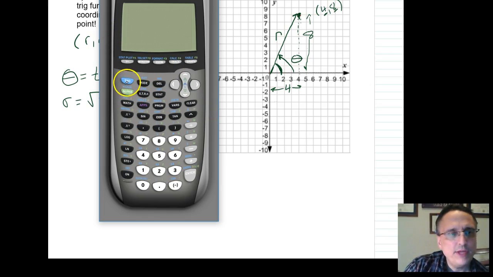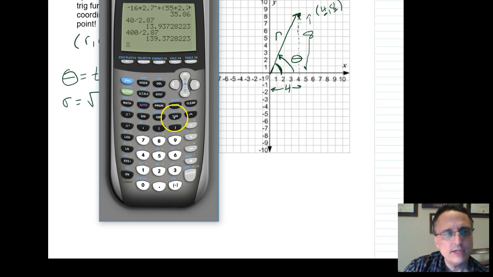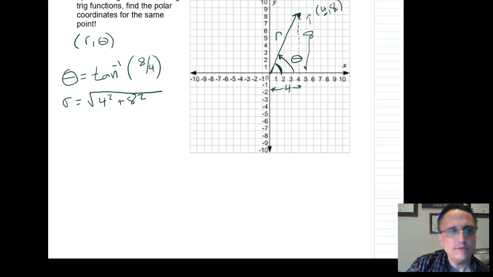I'm going to take the inverse tangent of 2, which is 8 divided by 4, if you didn't know. 63.4 degrees. Okay, so I now know my theta is 63.4 degrees.